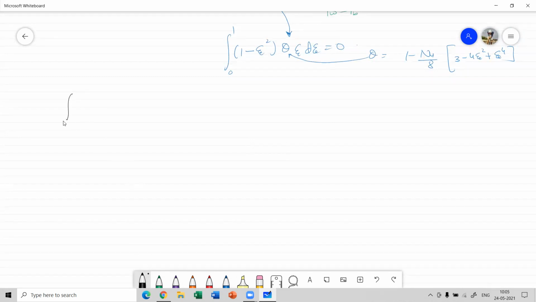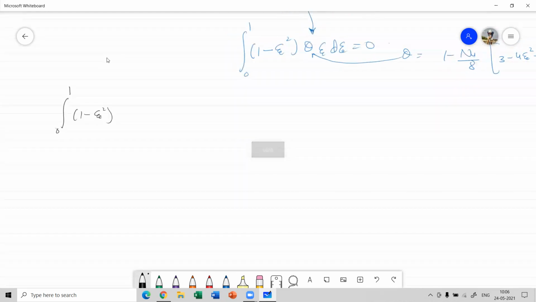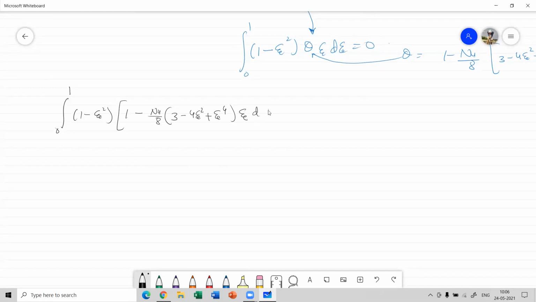So 0 to 1, 1 minus zeta square, into the theta expression, 1 minus Nusselt number by 8 into 3 minus 4 zeta square plus zeta 4, into zeta d zeta, equal to 0. Now you can open up the entire expression and integrate.